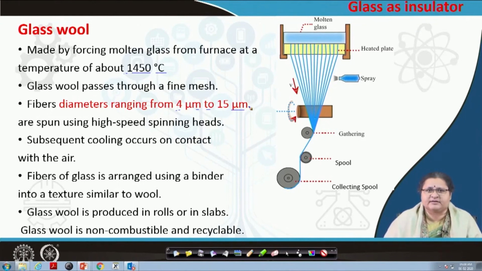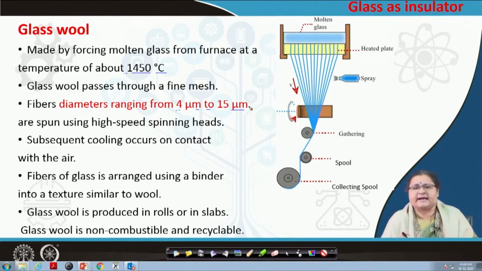It is the diameter, and they are actually spun by a rotating spinning head, and subsequently gradually they are being cooled in contact with air. So, you have a gathering spool, a connecting spool. So, it is a diagrammatic representation of the entire process, and what you eventually get is very fine strands of glass.